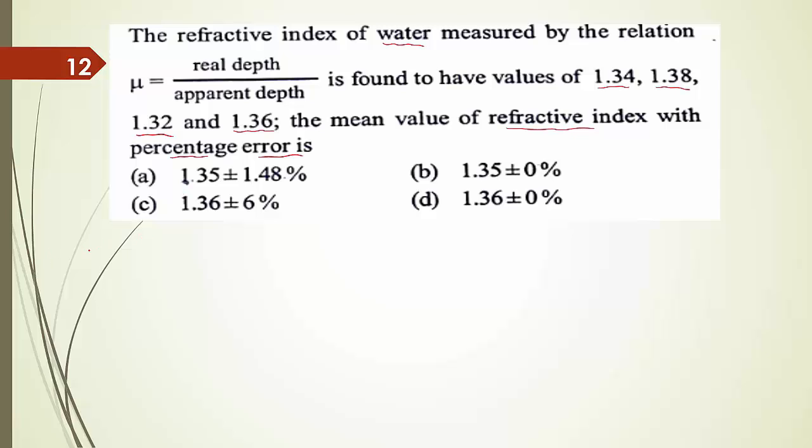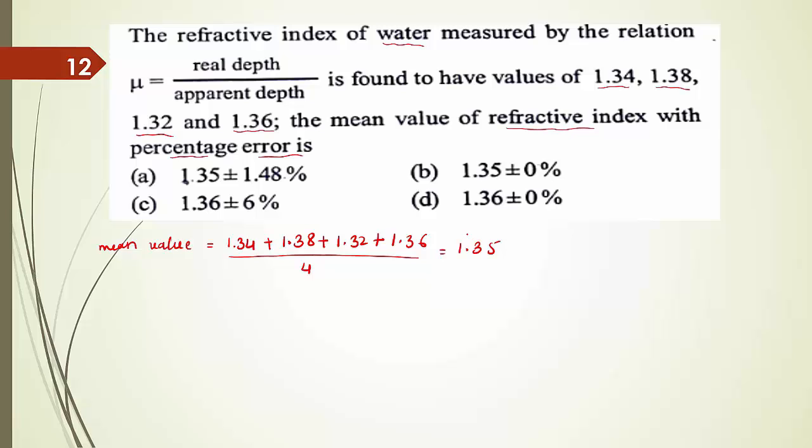Easily we can find the mean value using the measured values. So we write 1.34 plus 1.38 plus 1.32 plus 1.36 divided by 4, as there are 4 values. Sum of all the values divided by 4 gives the mean value. After calculation we get nearly 1.35. This is the mean value, 1.35.